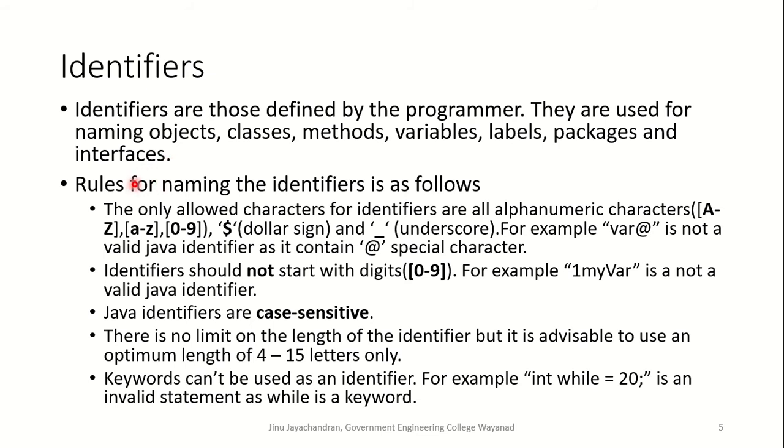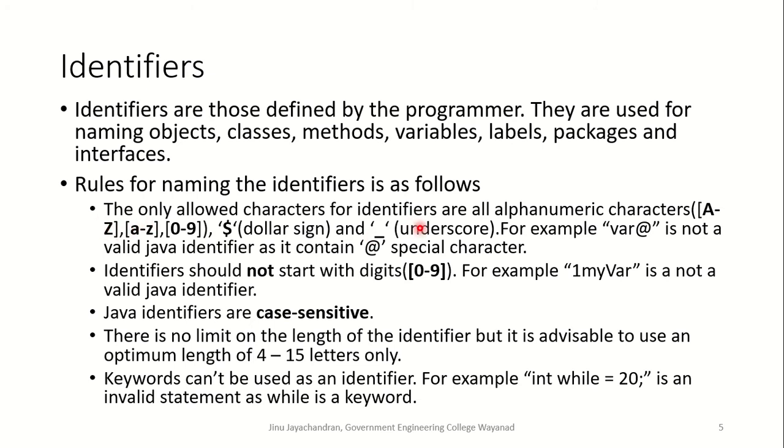Now, there are some rules which you should follow when you are naming an identifier. First and foremost, you can have alphanumeric characters. Alphanumeric means an alphabet or a number. The alphabet can be either a small letter or a capital letter. Numbers, you can use the dollar sign, you can also use underscore.